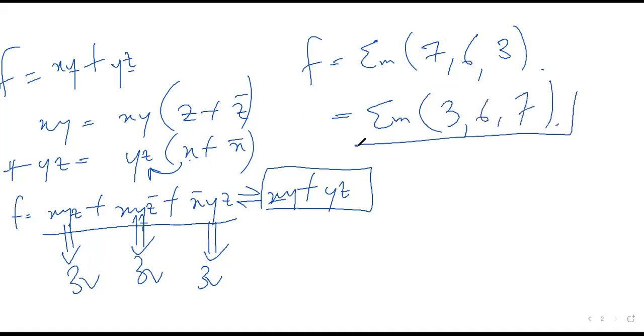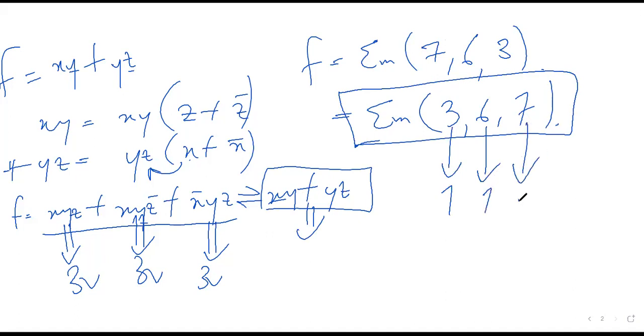From this, it's way easier to understand than having a function like this one. Because from here, I know this is a sum of minterms. I know there's an output 1 here, here, and here, and the rest are zeros. You cannot tell that from an expression like xy plus yz.